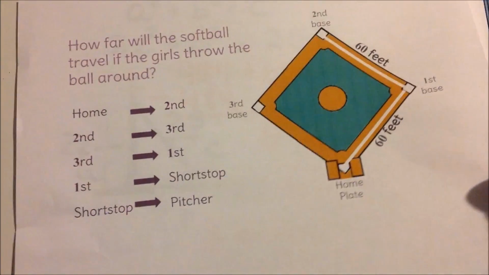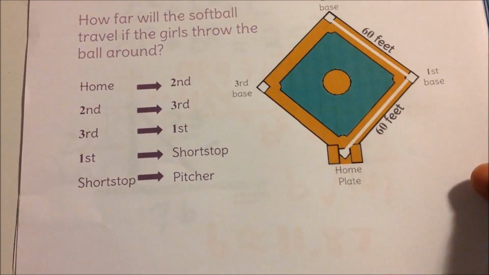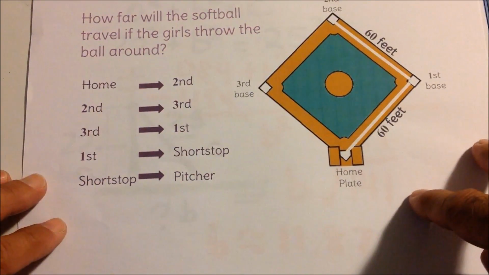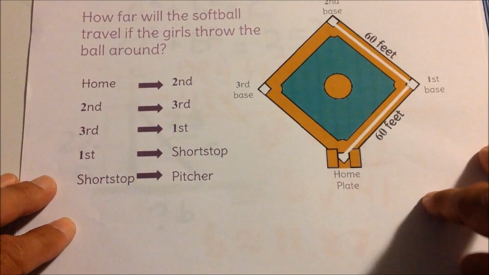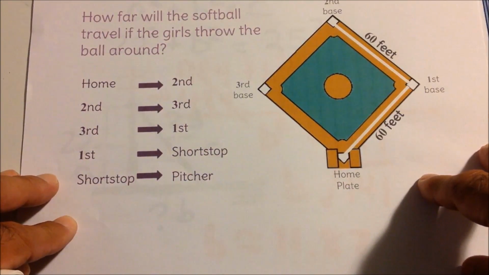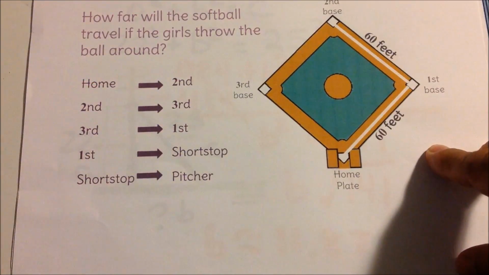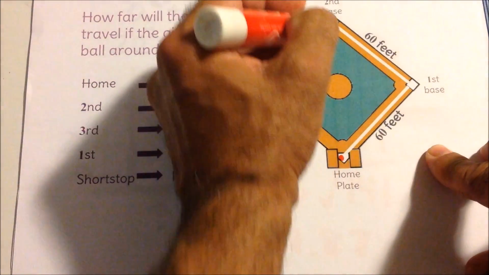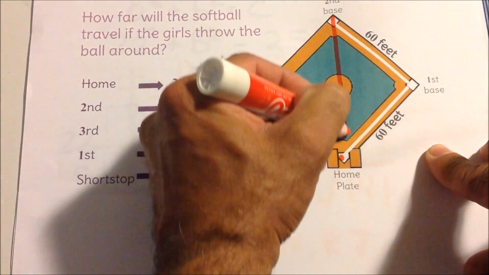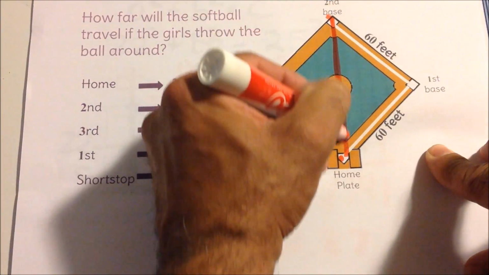Okay, another problem. Here we have a baseball field, or a softball field. And it says, how far will the softball travel if the girls throw the ball around? Right, so let's say from home, here's home plate, to second base. See, we can make a right triangle.